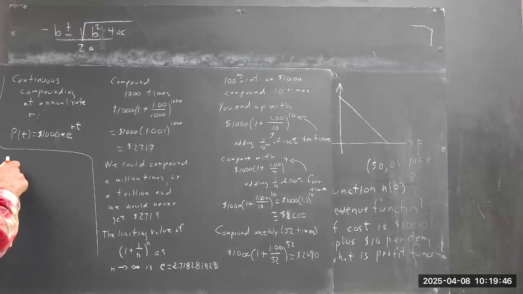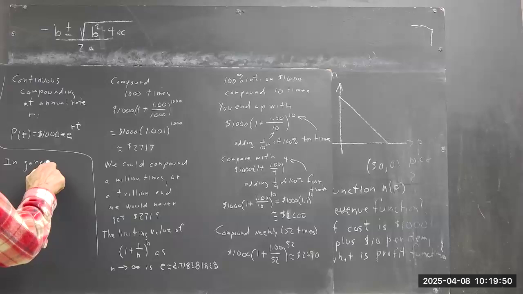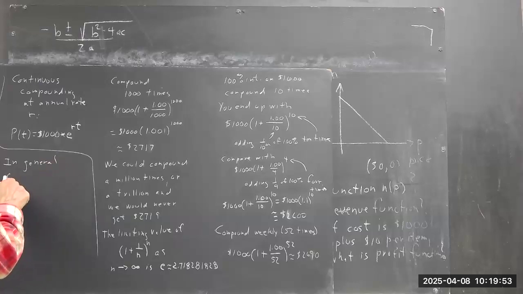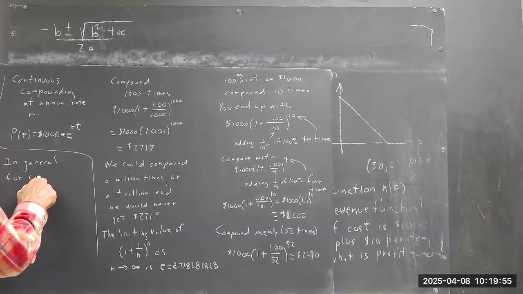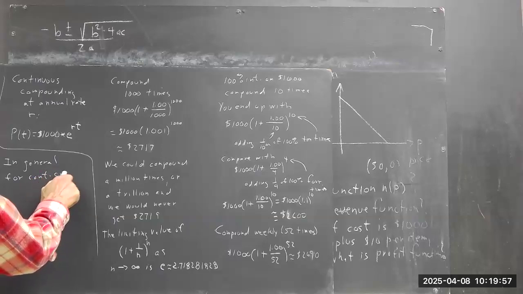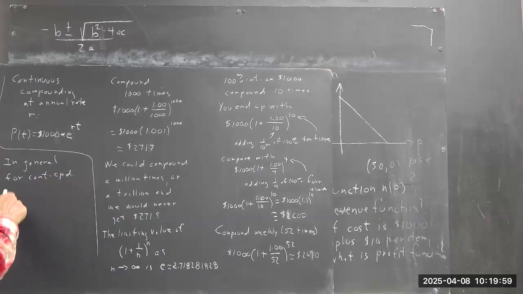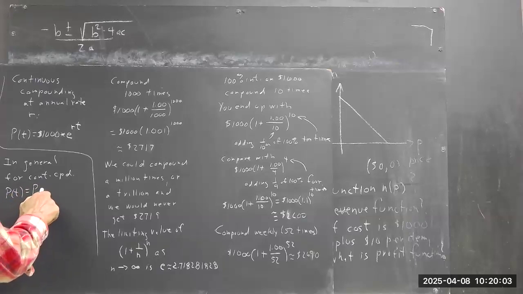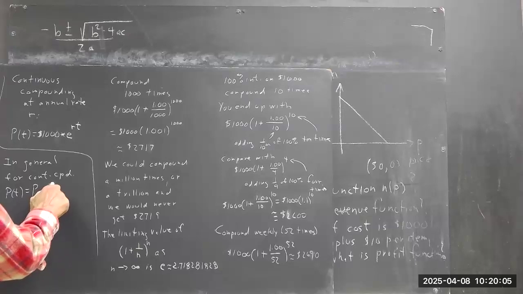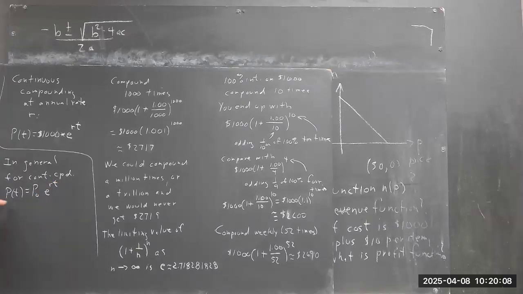In general, for continuous compounding, P of t is not 1,000 e to the RT, it's P naught e to the RT, where P naught is what you start with.